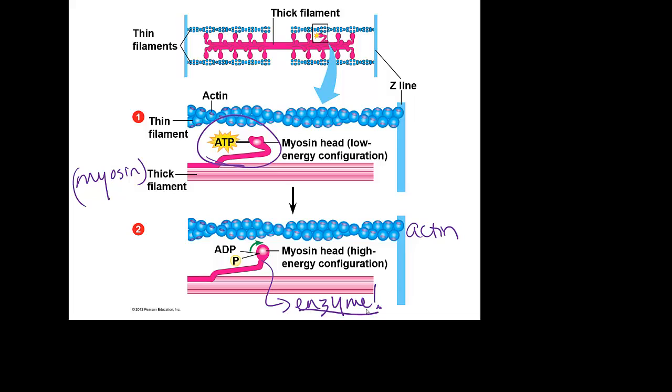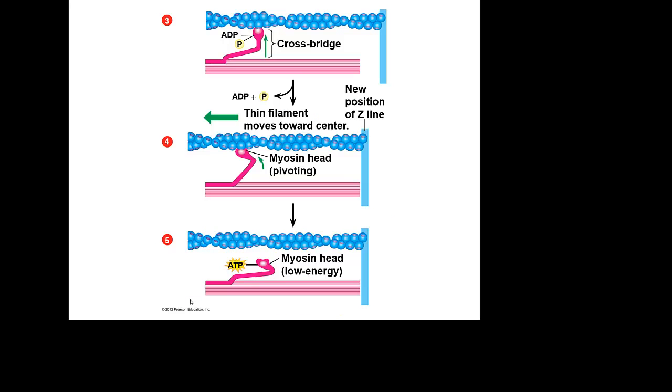is going to split that ATP into ADP and phosphate, and when it does, energy is released. And when we get energy release, that myosin head is actually going to snap back or pivot, and when it does, it pulls the Z line.